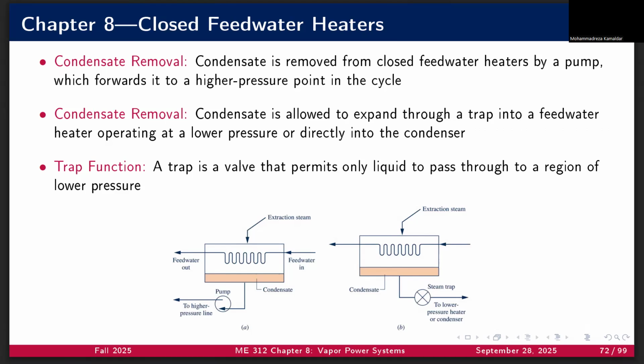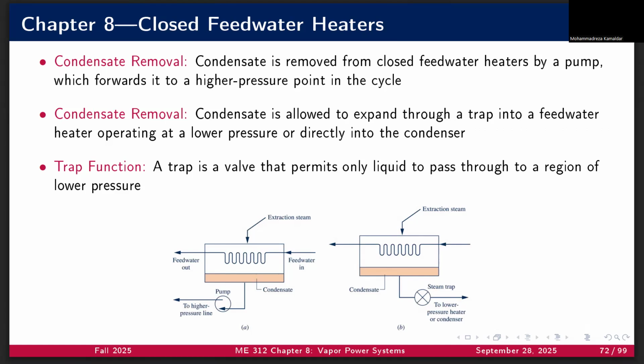So this expansion through the trap is an irreversible throttling process, which means that we have a drop in pressure without any work output, but it avoids the cost and complexity of an extra pump. The steam trap effectively separates the condensed liquid from any remaining uncondensed steam.